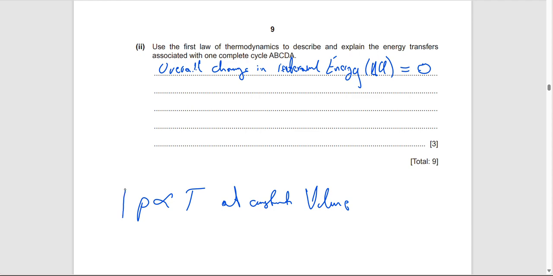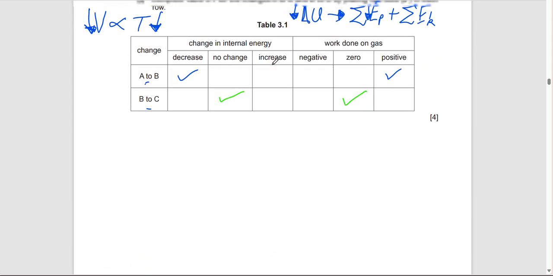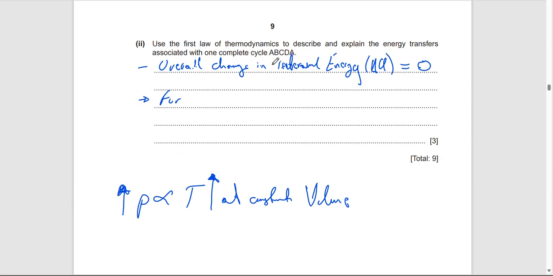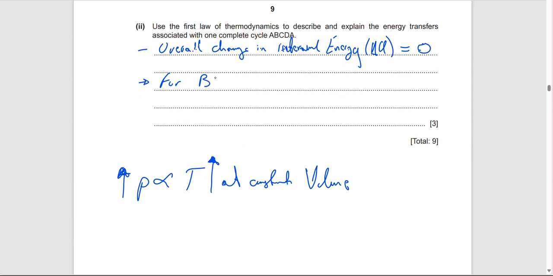So pressure increases, that means temperature increases. How can the temperature increase when there's no work being done on the gas? It is being heated. So for B to C, heat must have been supplied.